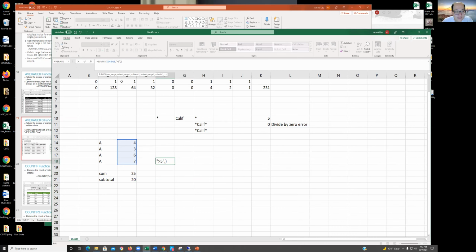Sum if s: sum range, and then criteria range 1, and then criteria 1. So right now I only put in one criteria.